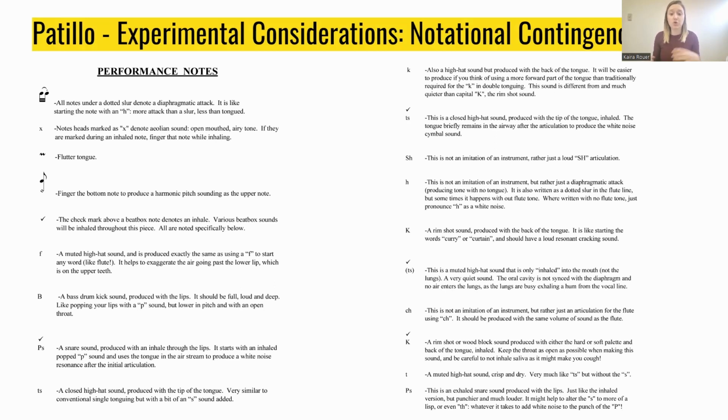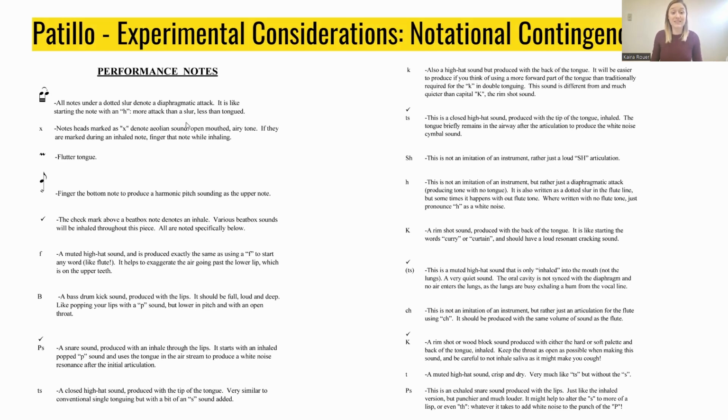He had to create, as we see in these screenshots, a percussive sound notated with letters, and then the check marks are inhales, but those are paired with certain consonant sounds. And then he uses a mordant for the flutter tongue, actually, which I thought was interesting.